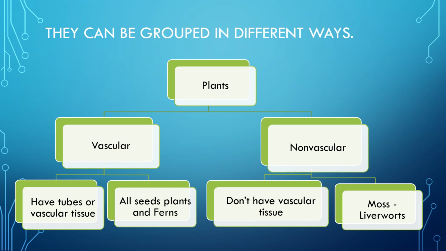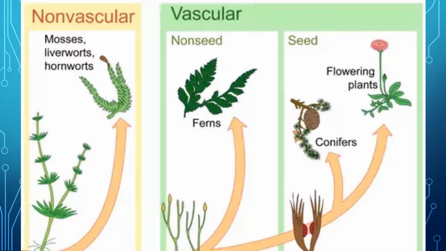Now we're going to take a look at some more examples of vascular and non-vascular. As I just said, this is one way to group plants: whether they have vascular tissue inside of them, meaning tubes, or not. The vascular plants are all seed plants, all plants that make seeds. You can see here in the chart, seed plants are flowering plants and conifers.